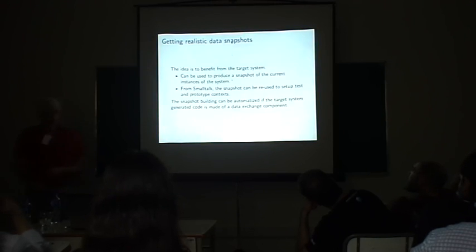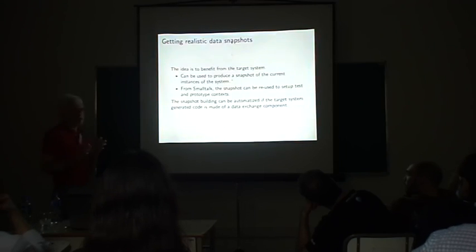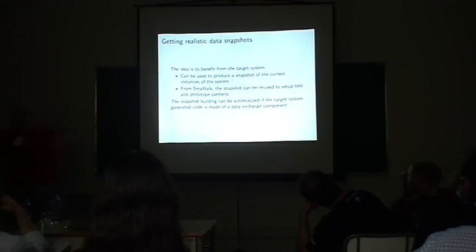Now, how to get realistic snapshots. The idea is to benefit from the target system. When we are producing our target system, we are also producing a component which is able to exchange the data from the component. So it is automatically integrated in the target system.